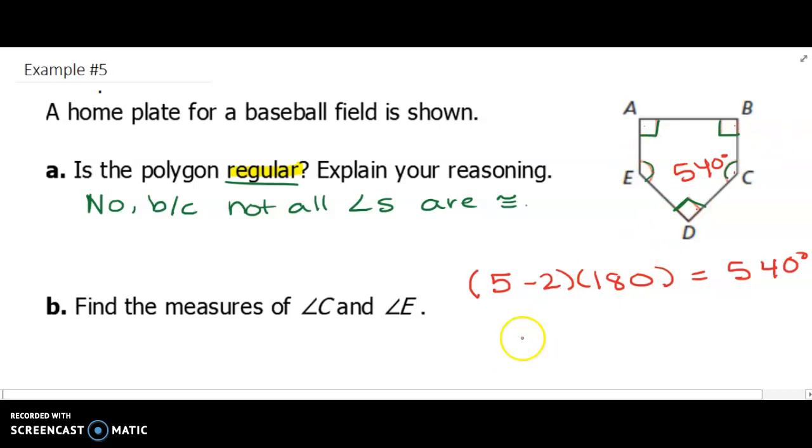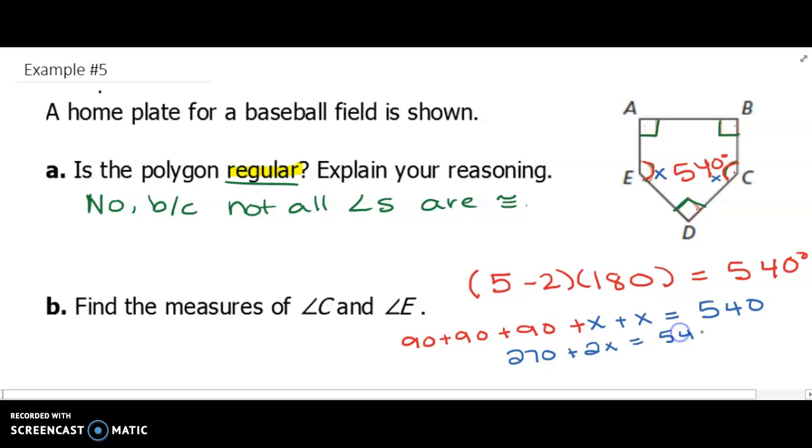Well, I know A, B, and D are 90. So 90 plus 90 plus 90 plus, well, E and C I don't know, but notice they have the same arc marks, which means they have the same measures. So I'm just going to call them x. x plus x equals 540. Now it's just an algebra problem, guys. So 90 plus 90 plus 90, that's 270. x plus x is 2x. 2x plus 270 equals 540.